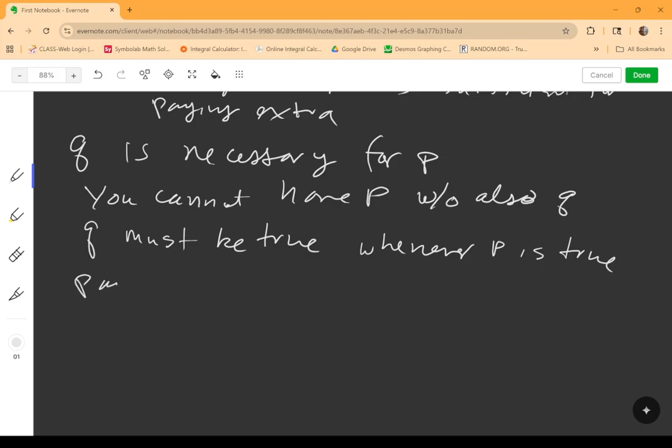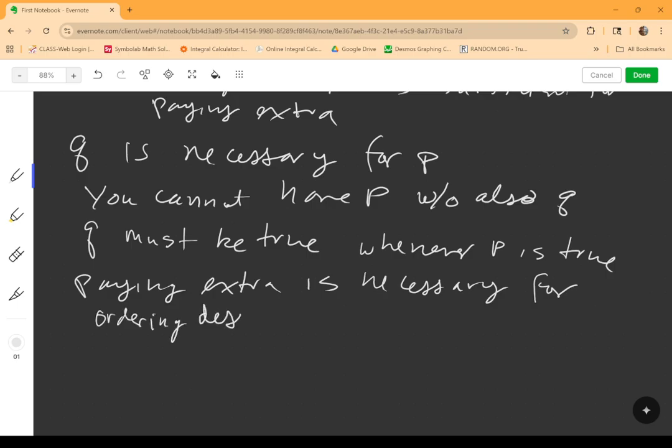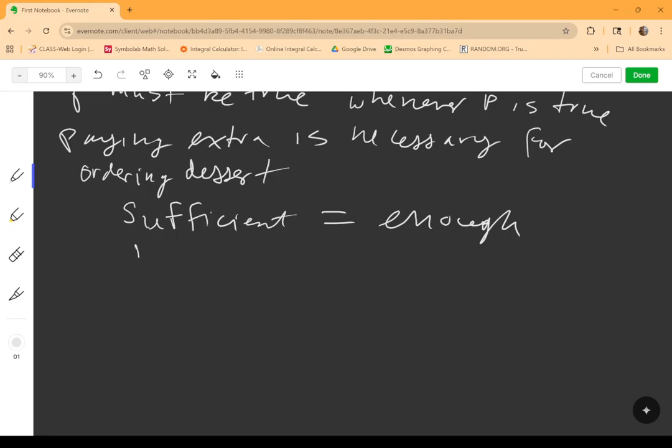So paying extra is necessary for ordering dessert. Again, sufficient means enough, and necessary means required.